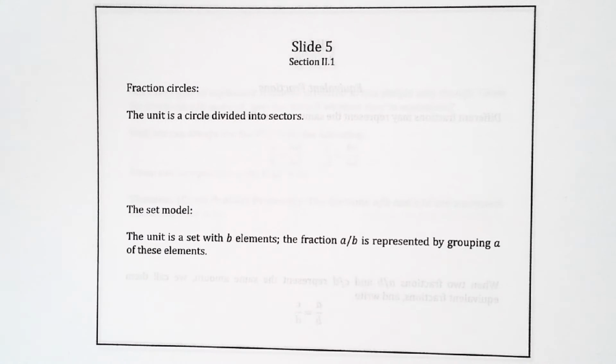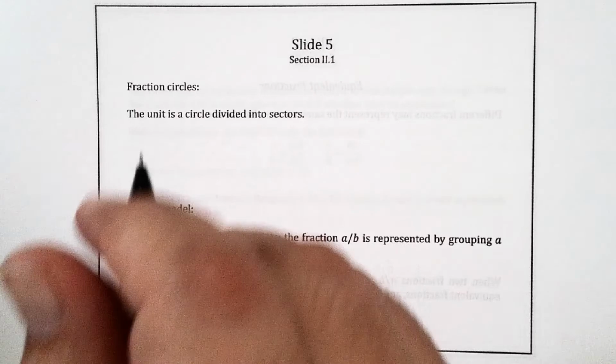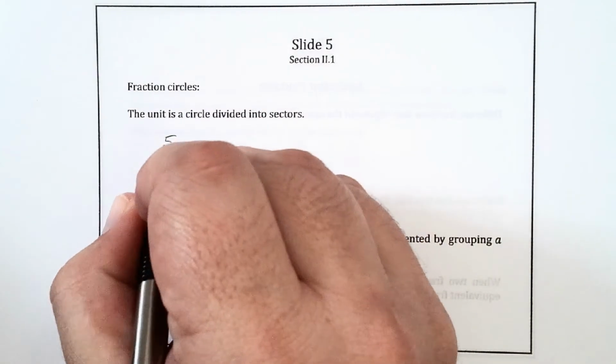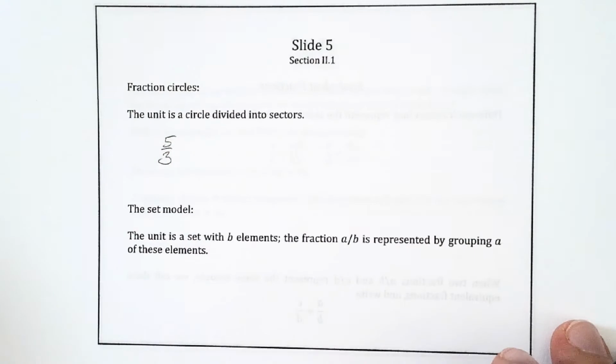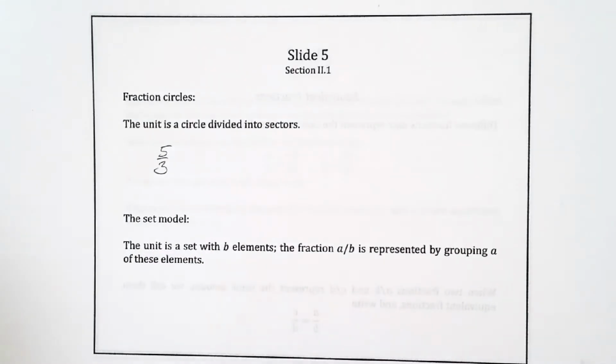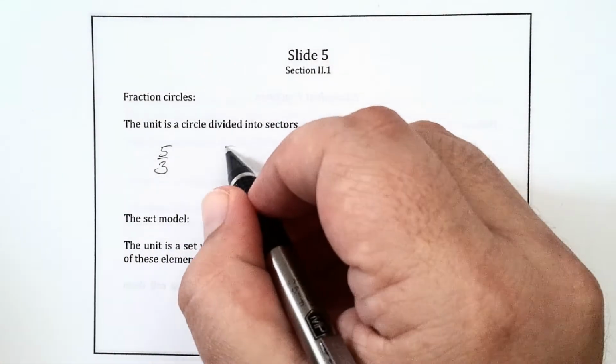Now, one thing we haven't seen yet, but that certainly is possible, is to have a numerator that is larger than the denominator. And if that's the case, you just have to have multiple units. So, for example, let's illustrate, let's say 5/3. So the thirds means we're going to divide each unit into 3 equal parts.